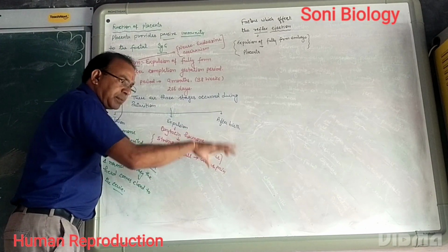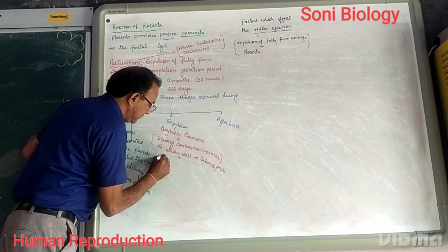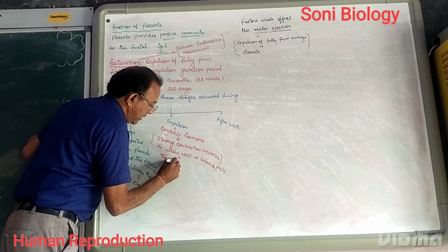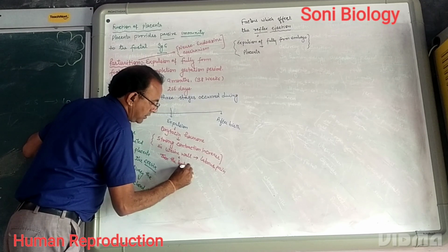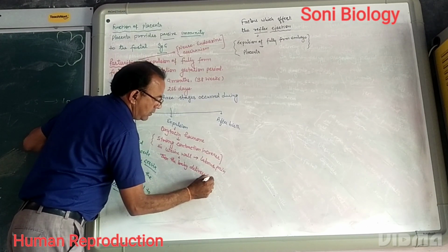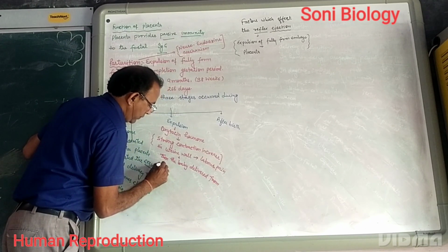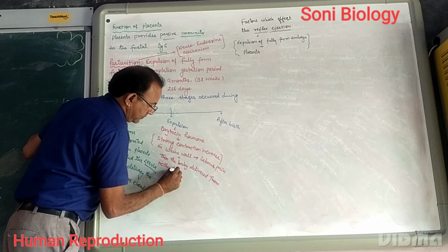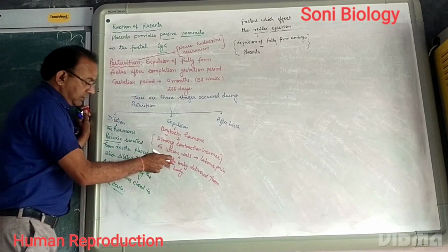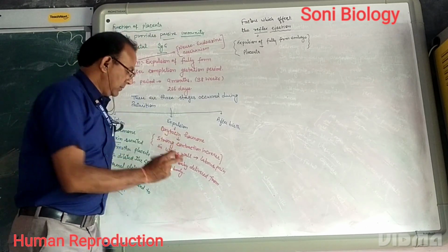The head comes out, which means the expulsion of the baby, and that is called parturition. Then the baby is delivered from the mother's body.